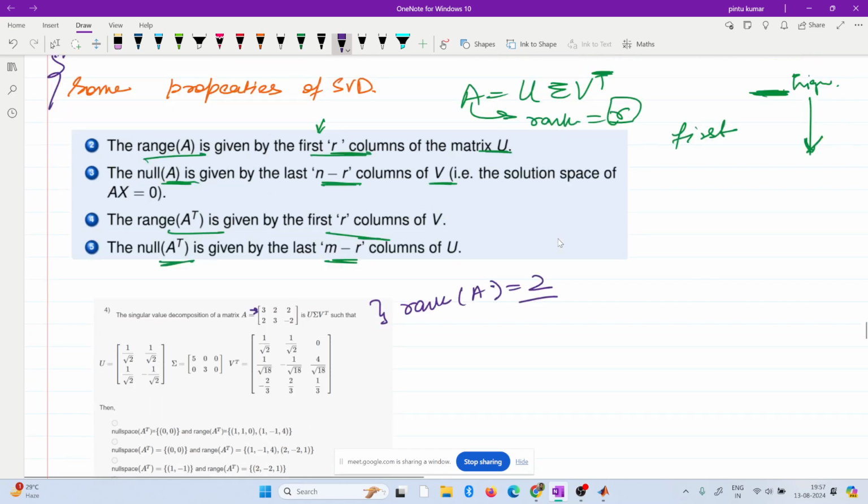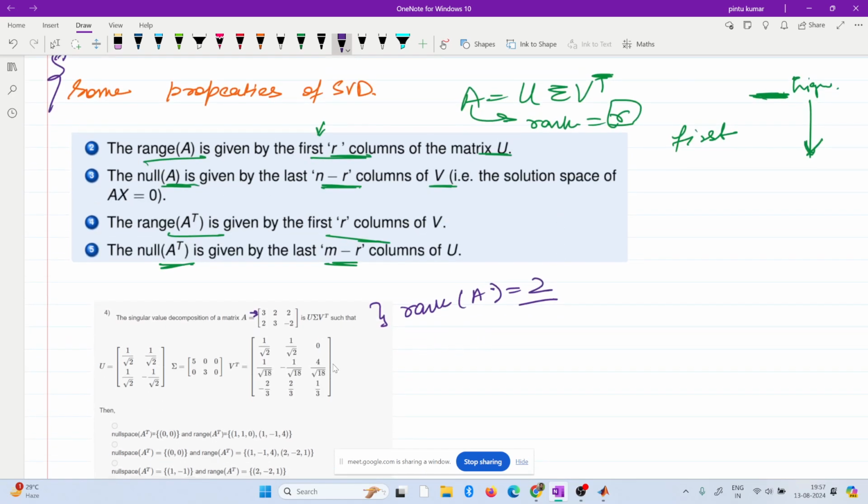A takes as input a 3 cross 1 vector, and the output is a 2-dimensional vector, so this is an R3 to R2 map. The rank is 2, so its null space would be of dimension 1.